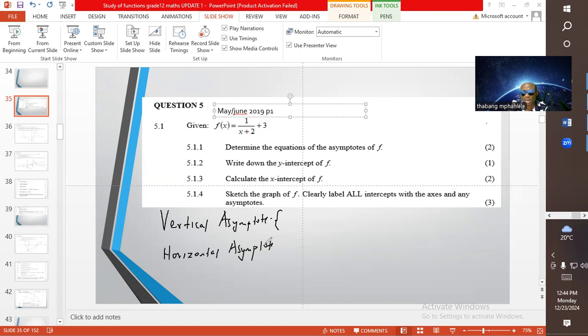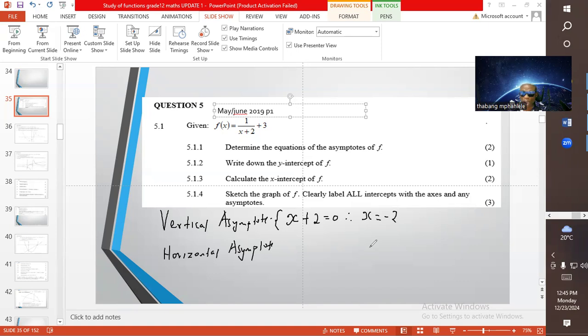How do we find it? It's very simple. Go to your equation of f of x and equate your denominator to 0. So x plus 2 equals 0, therefore x equals -2. This is one of the equations of the asymptote, the vertical asymptote.